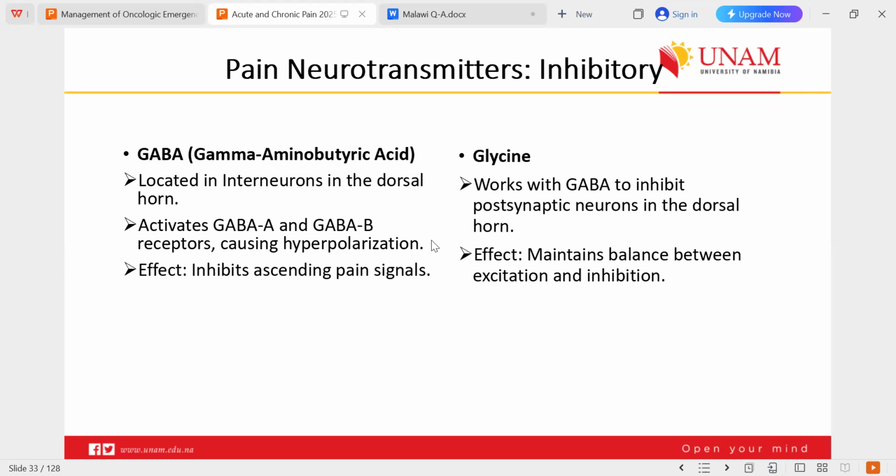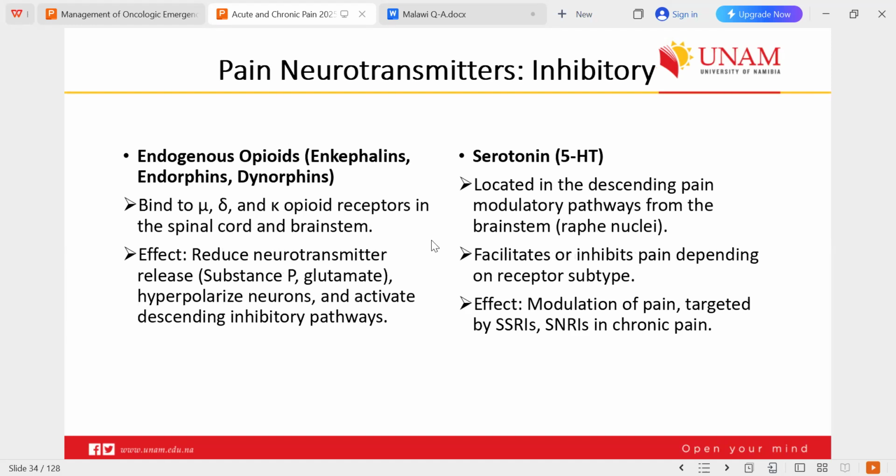Endogenous opioids like your enkephalins, endorphins, and dynorphins bind to your mu, delta, and kappa opioid receptors in the spinal cord, and they reduce neurotransmitter release, especially the excitatory ones: your substance P, glutamate, aspartate, and all that.